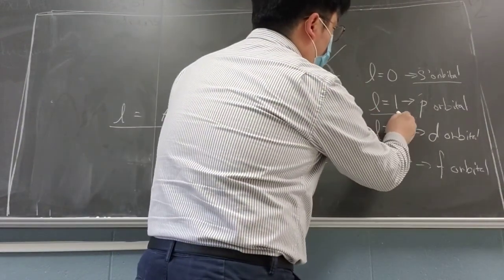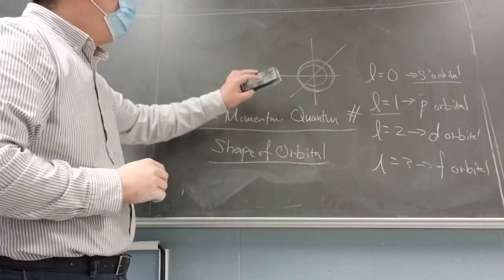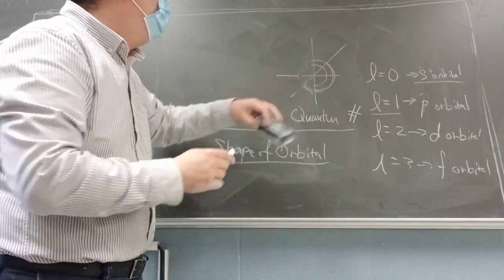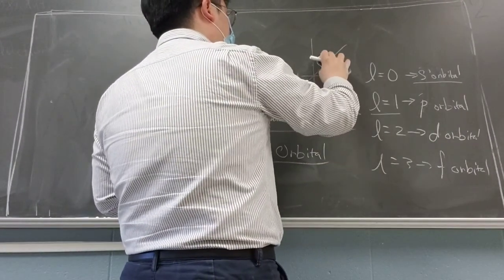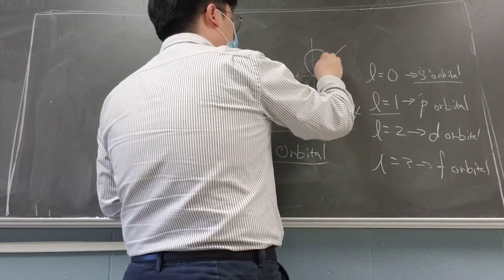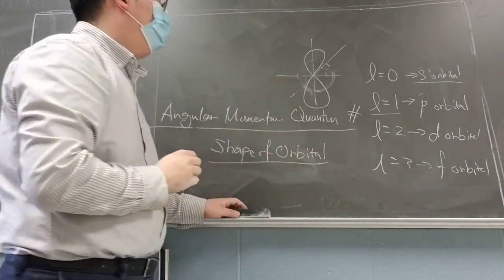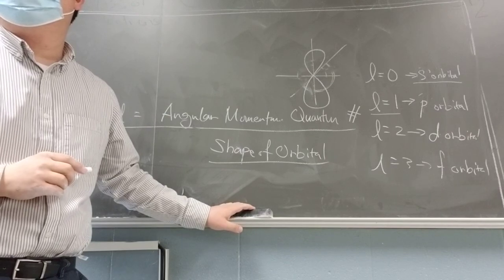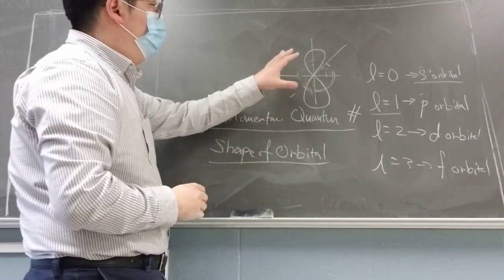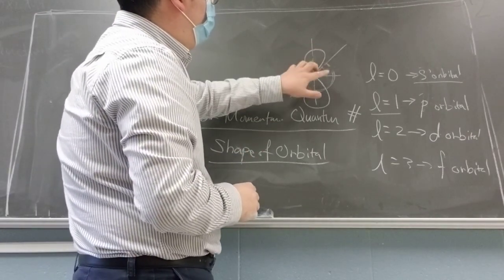But when you have a 1, which will actually give us some momentum, that will give us some directional position where you can find the electron. It looks like a dumbbell shape. It looks like this. Either they can align here or here or here.